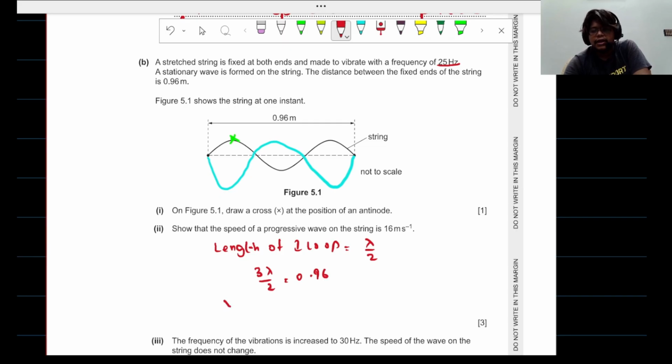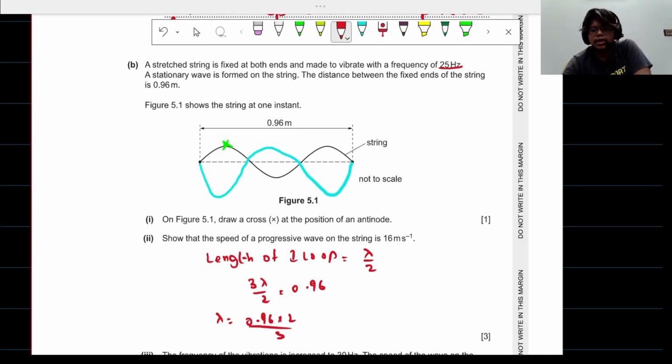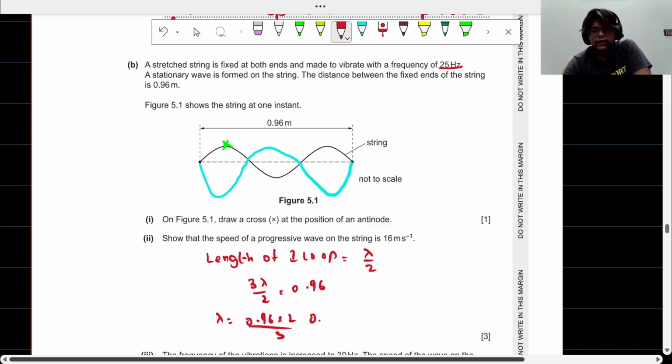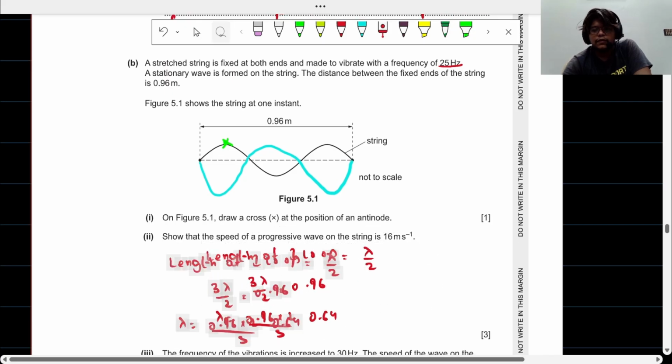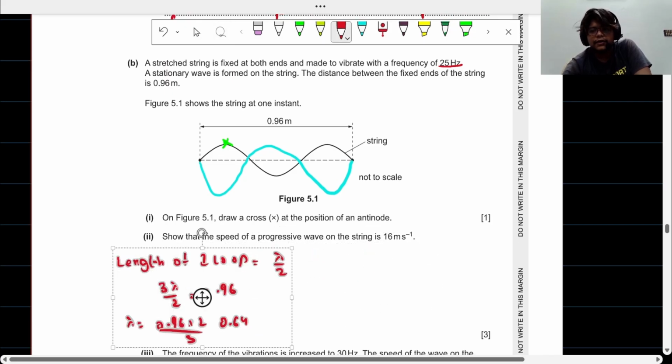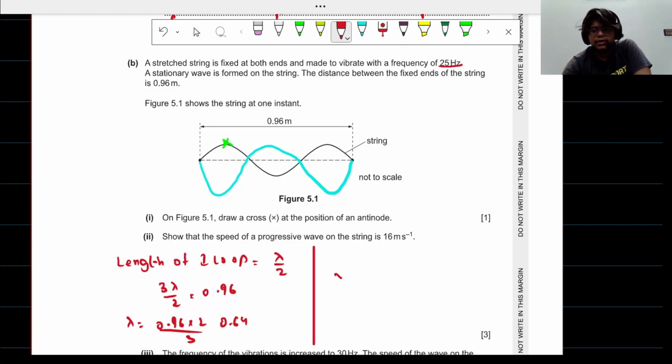So you can find your λ from here: 0.96 times 2 divided by 3. So your λ would come to around 0.64. Then using your λ and the general wave equation, v = fλ, your frequency is 25 multiplied by 0.64, so this would come to 16 meter per second.